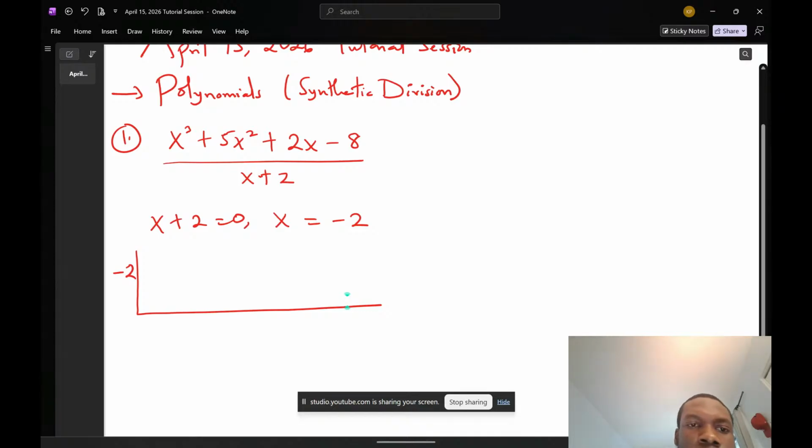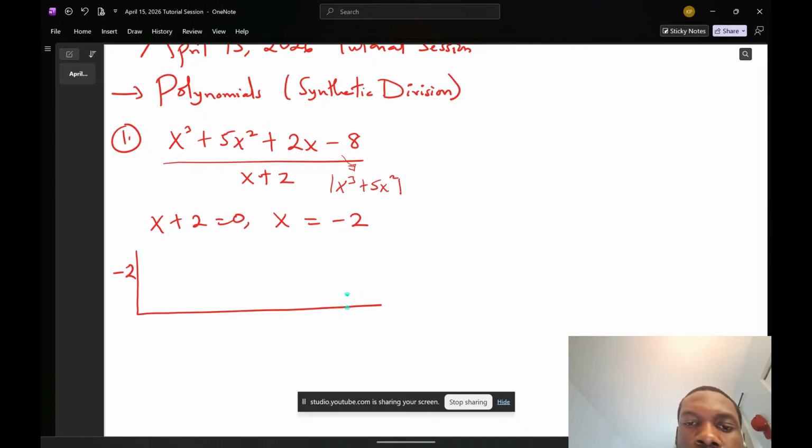In this case, we can rewrite this as 1x cubed plus 5x squared plus 2x minus 8. This is the coefficient of x cubed, this is the coefficient of x squared, this is the coefficient of x. So we write it as 1, 5, 2, and minus 8.